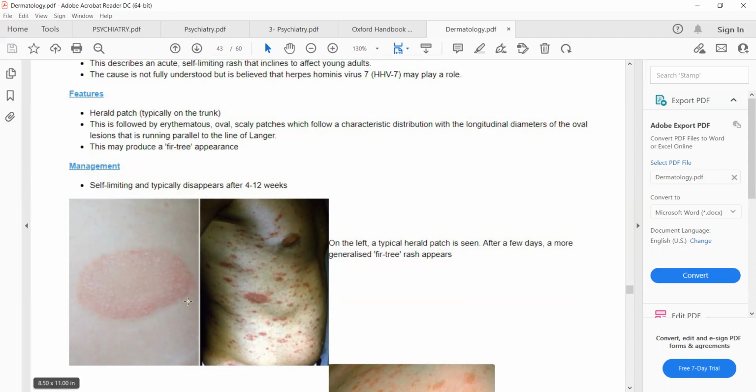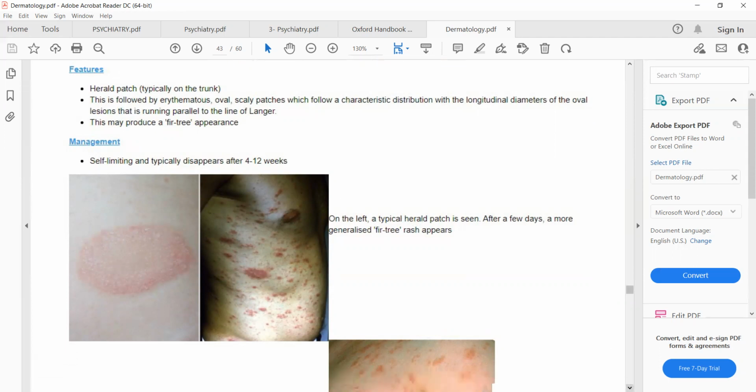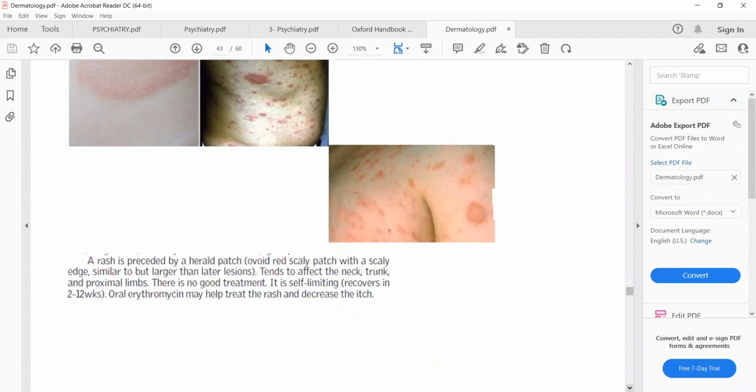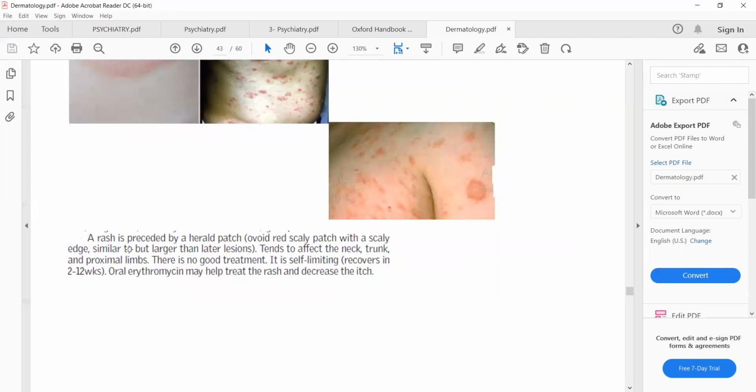That is shown in this diagram as well. Initially, on the trunk, there will be a herald patch. Now, what is a herald patch? A herald patch is an ovoid red scaly patch.